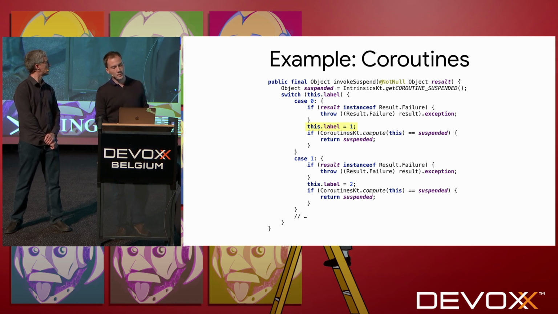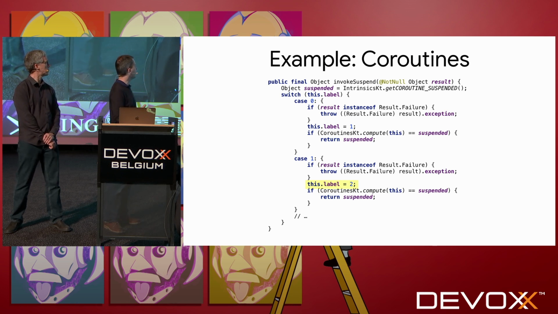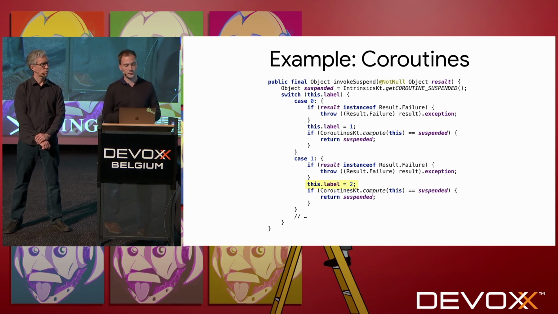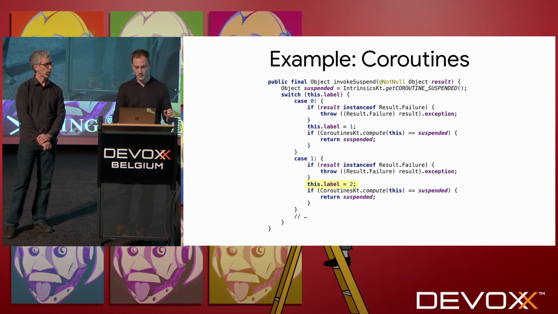Then at some point, somehow, Kotlin will invoke this invokeSuspend function again, so we'll re-enter the state machine. Now our state, this.label, will be 1, so we'll enter this case, advance the state machine to label 2, invoke compute a second time, and exit the state machine again. I didn't show it here, but there's a third state for printing the message that says we're exiting the coroutine.